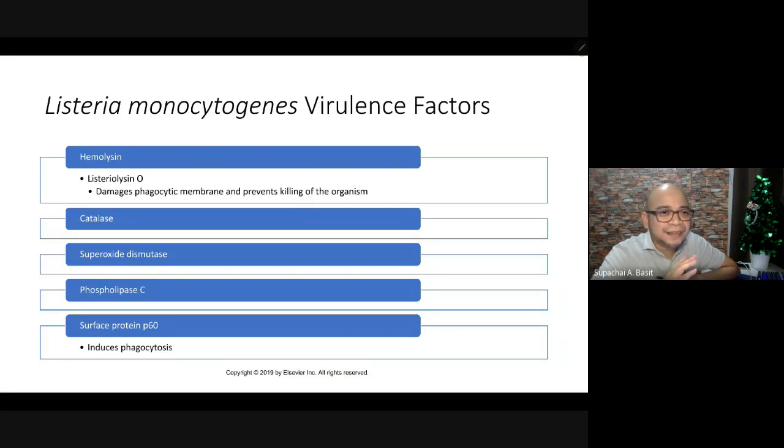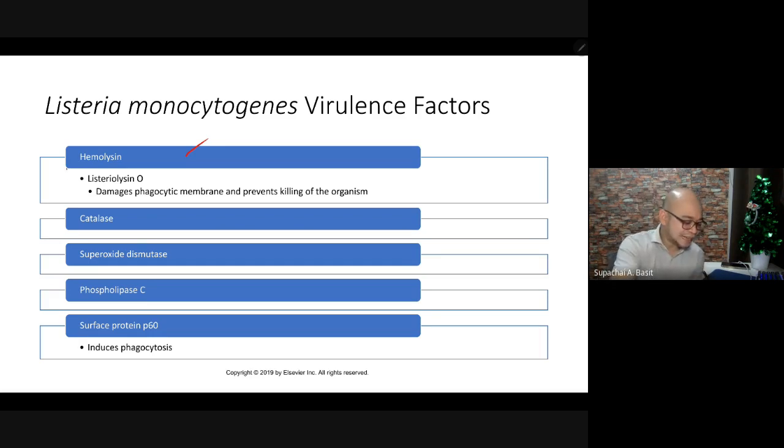There are several virulence factors of Listeria monocytogenes, and among these, the most noteworthy to mention is hemolysin. When we say hemolysin, it can cause lysis of RBC. But there's a very specific name of hemolysin for Listeria monocytogenes, and this is listeriolysin O. Listeriolysin O can damage the phagocytic membrane and prevent killing of the organism.